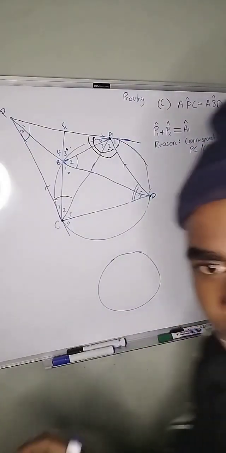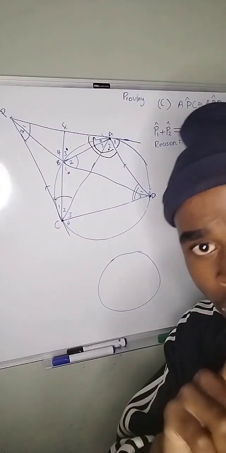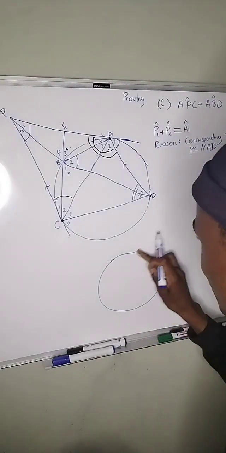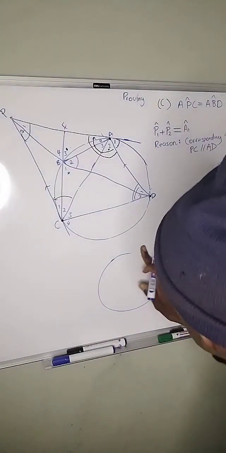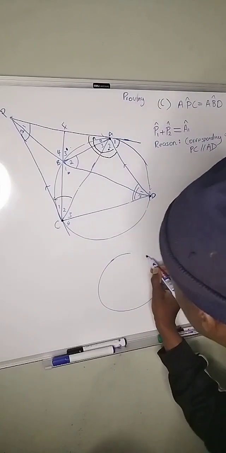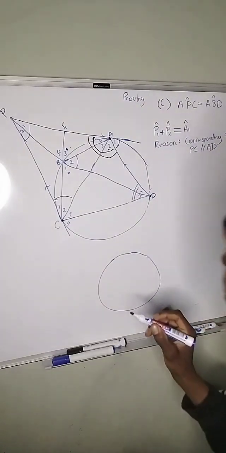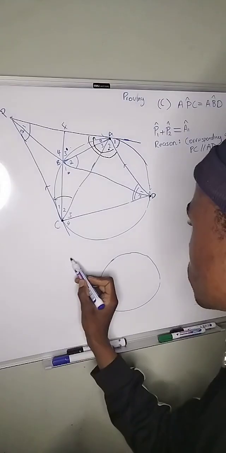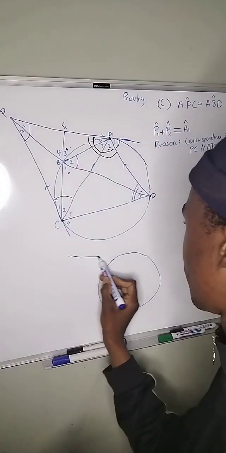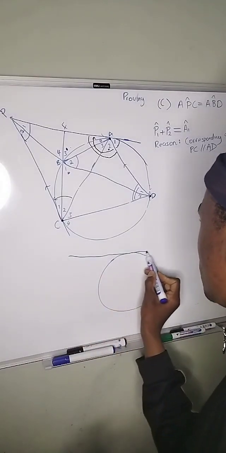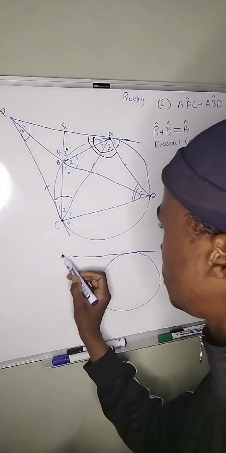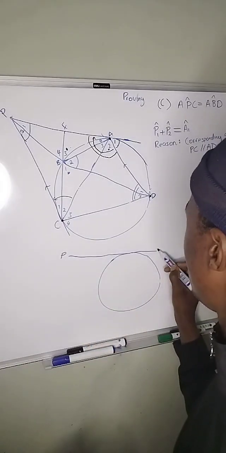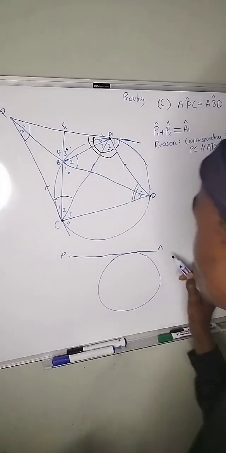And I'm just going to draw the tangent that we are talking about, because hey, we were fighting not so long ago about this theorem. And I'm going to draw this tangent. Remember, this is the P and this is the A that we are talking about.